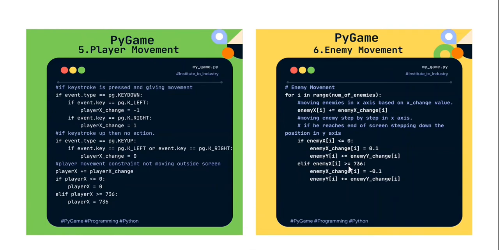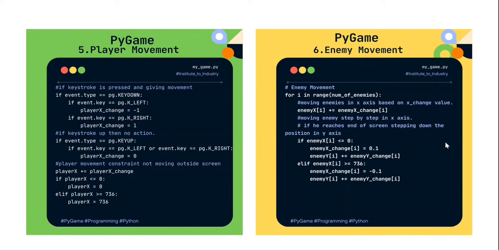And if he reaches the end of the screen, then he needs to move below, and he needs to move in the right direction actually. So this is the x movement in the right direction. The first condition is, if the player is at this position, he needs to move one by one this way.